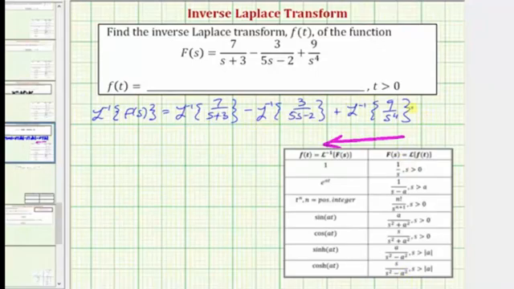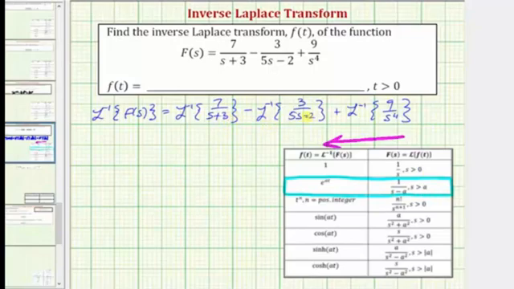So focusing on the denominators, notice how here we have the quantity s plus 3, and notice how it appears to fit this form here, except here we have s minus a, where a is a constant, and here we have s plus 3. Remember, we can write an addition problem as a subtraction problem, where s plus 3 is equal to s minus negative 3. So we'll be using this row to determine the first inverse Laplace transform.